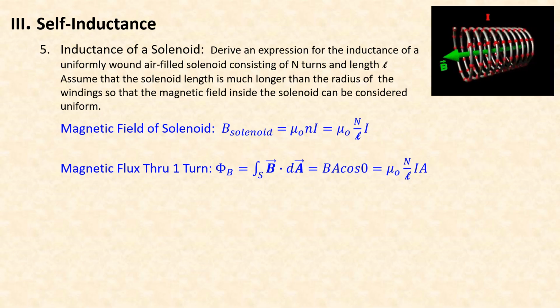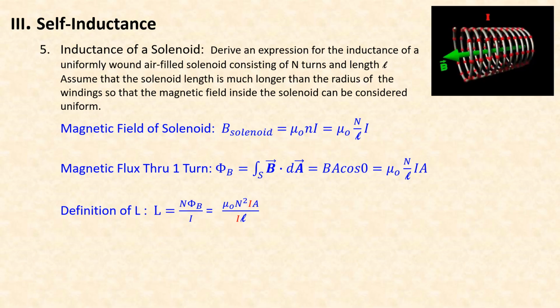Remember, dA is that unit normal, which is perpendicular to the plane of the solenoid cross section here. So when we're taking the dot product, we're taking the cosine of 0 degrees, the angle between the field and that unit normal dA, in which case we come up with this expression for the flux through the solenoid.